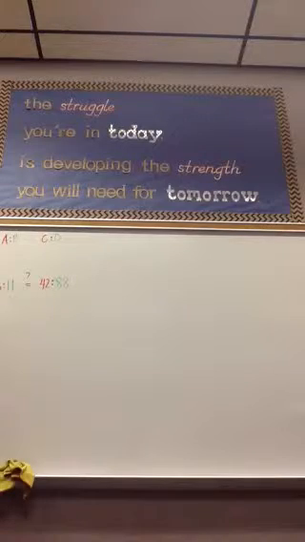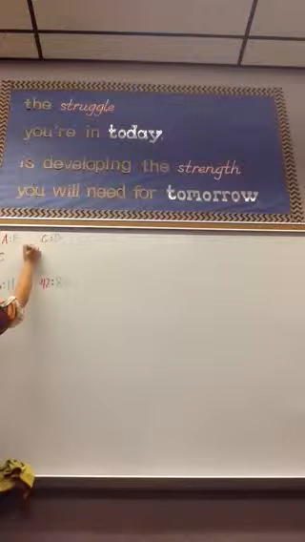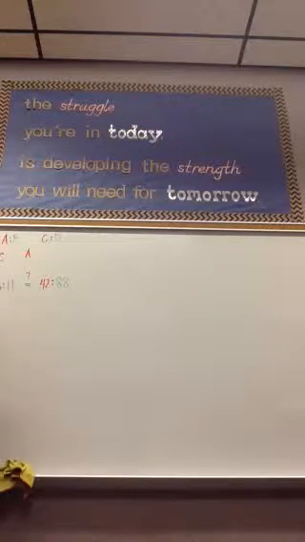Now we need to identify our positive number c. What number can I multiply by, because c equals c times a. So what number can I multiply times 6 to get 42? Times 7. So in this case, c equals 7.